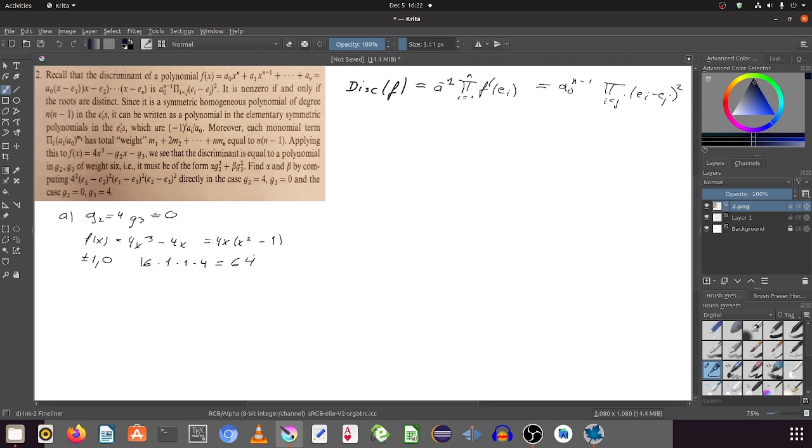And this should be equal to the unknown alpha times g2 to the third, and g2 was 4. That gives alpha equals unity.